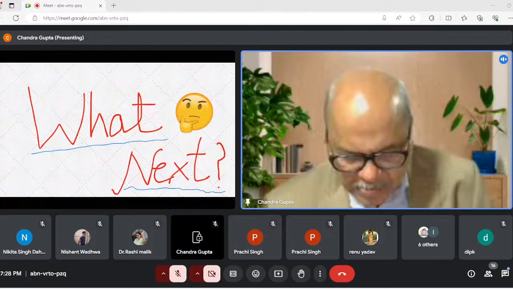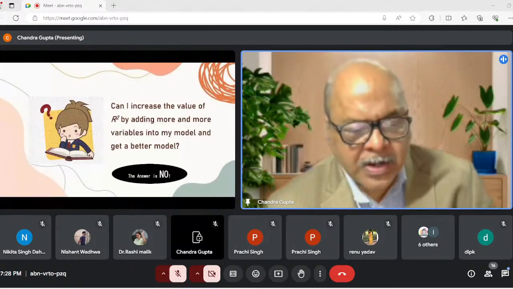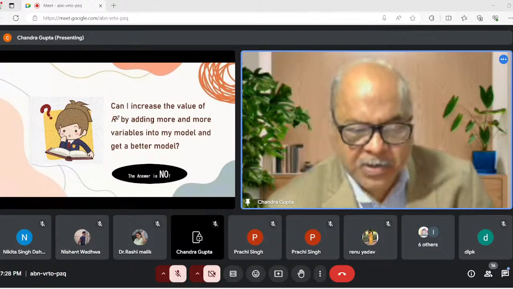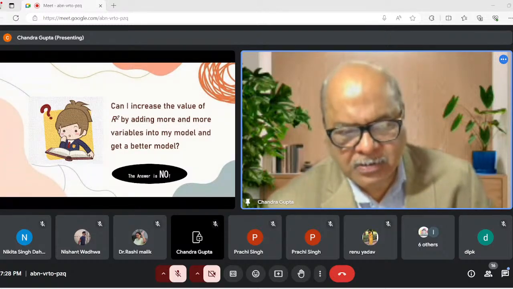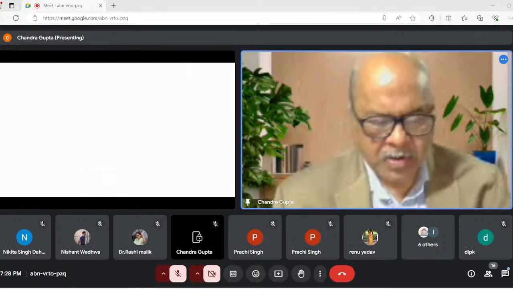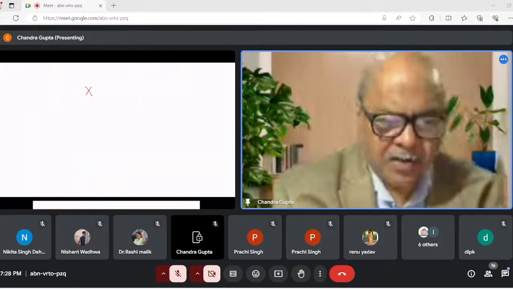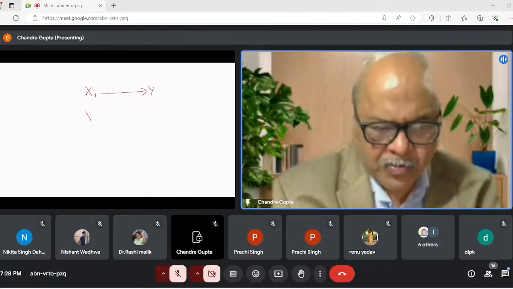So what next we are going to talk about is can I increase the value of R square by adding more and more variables into our model to get a better model? We have one variable in Y. We have two variables.